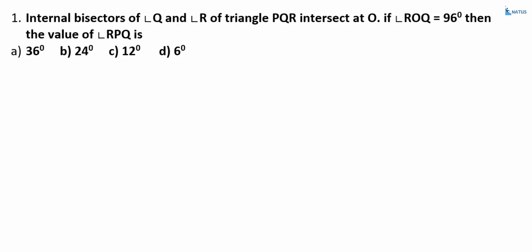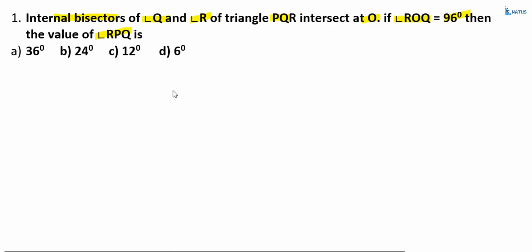First one: internal bisectors of angle Q and angle R of a triangle PQR intersect at O. Angle ROQ is equal to 96 degrees, then the value of angle RPQ is?